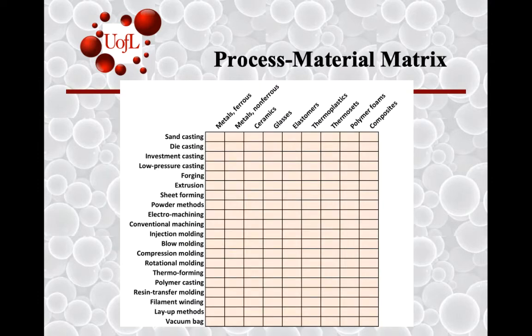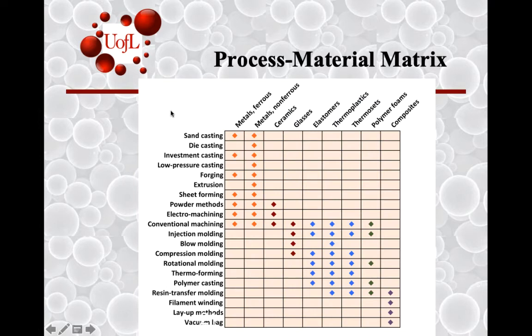So now if we go ahead and look at this familiar matrix where you have a row of processes and a row of metals, right? We again go through that familiar recognition that certain processes work better with certain kinds of materials, and for the thermoplastic family, now we are going to the lower half of the table as opposed to the top half that we considered previously for the non-ferrous materials.